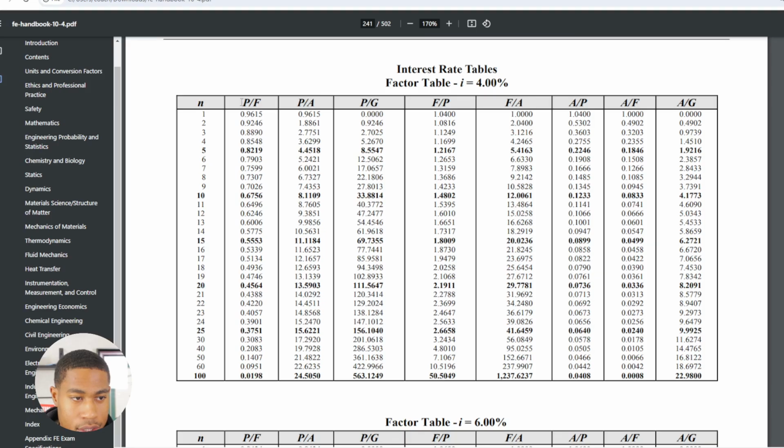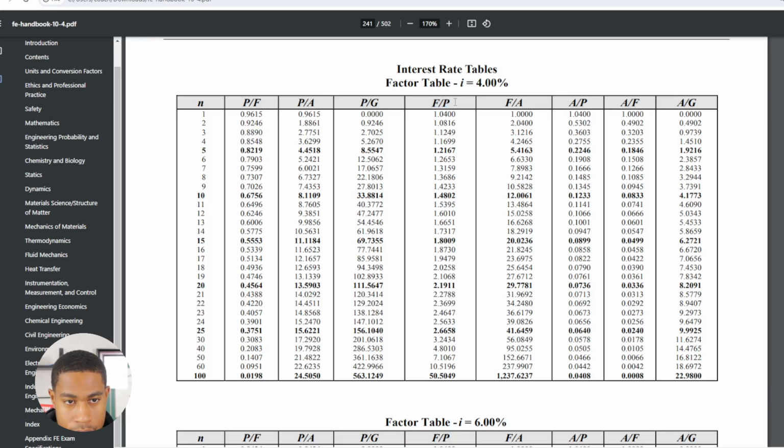So if we're trying to go to P given F, then we use this column here. If we're trying to get, let's say, F given P, we would use this one, F given P, right?